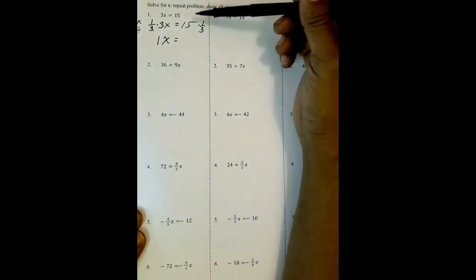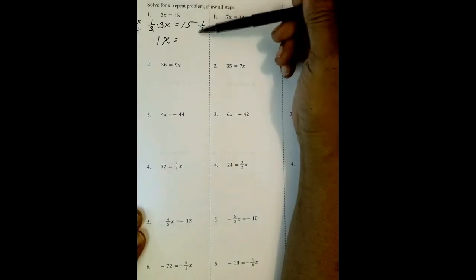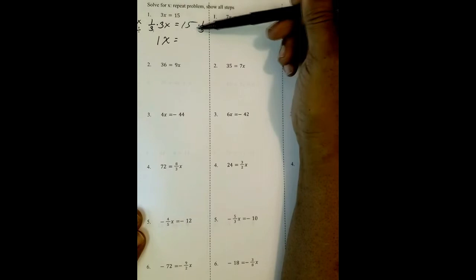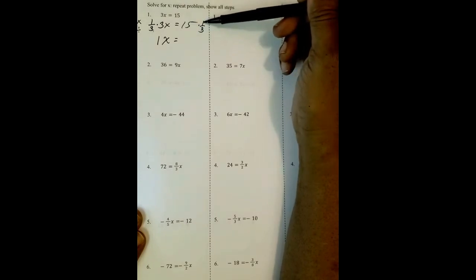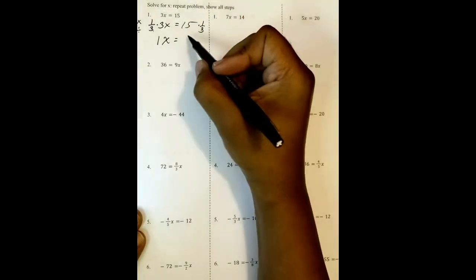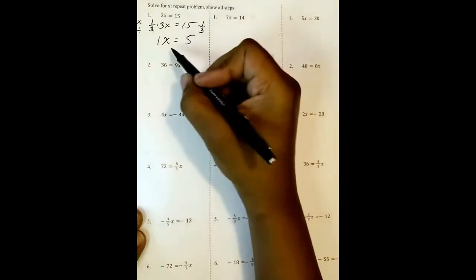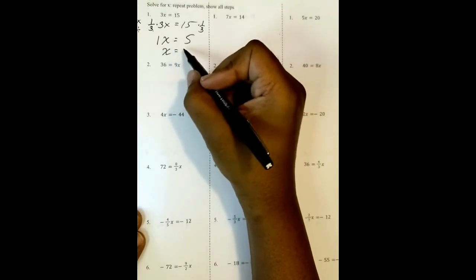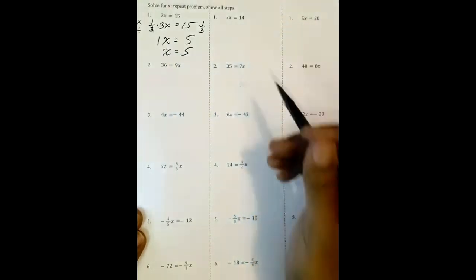Now, this is 15. It'll be divided by 3 and multiplied by 1. So 15 divided by 3 is 5, and 5 multiplied by 1 is 5. So you get a 5 here. It simplifies to 5, and so we'll just say 1x equals 5, which is interpreted that x is 5.